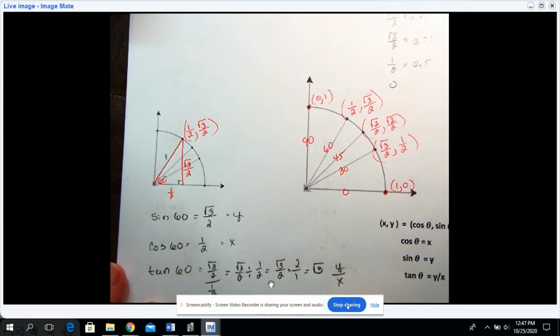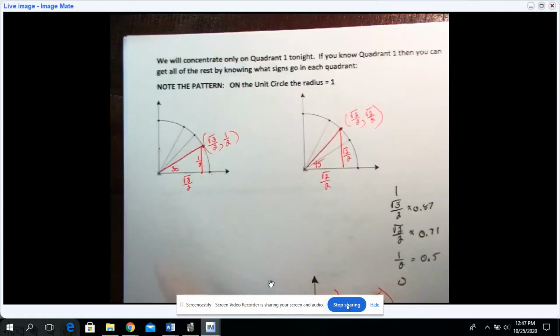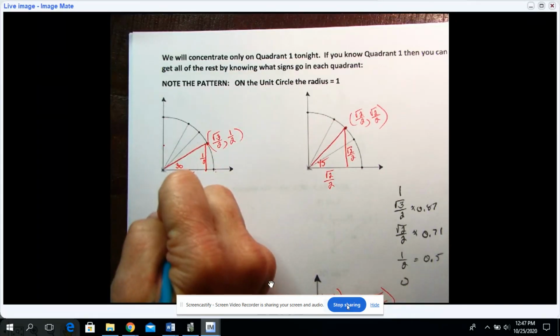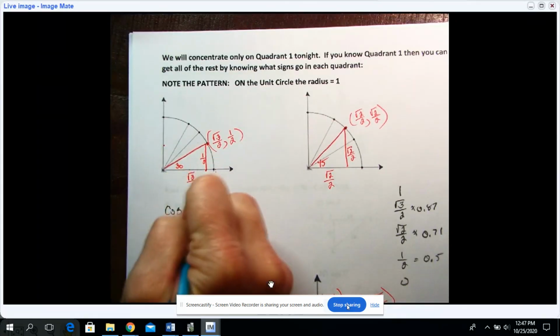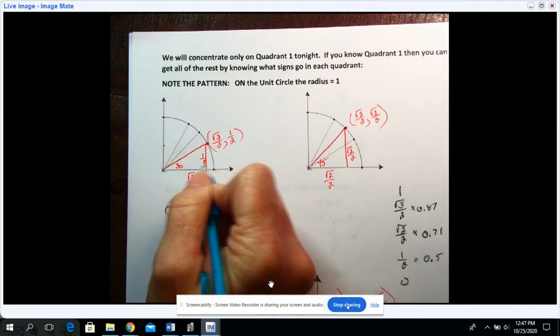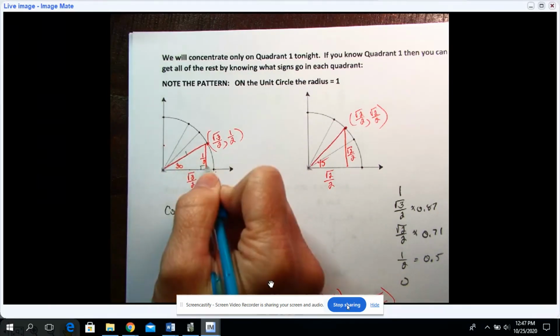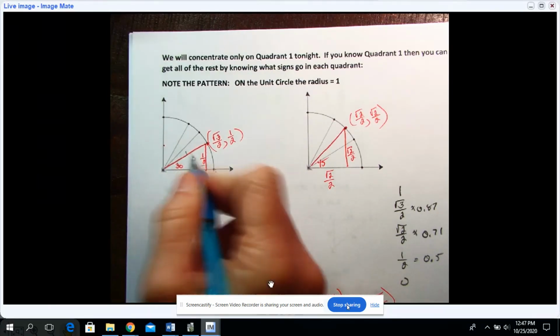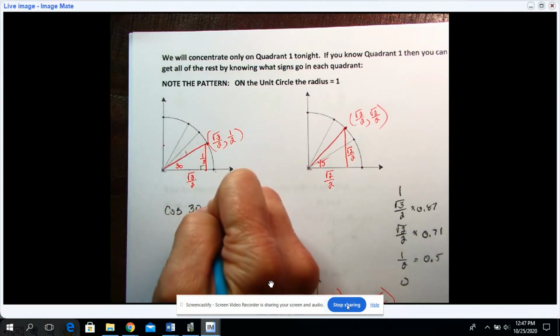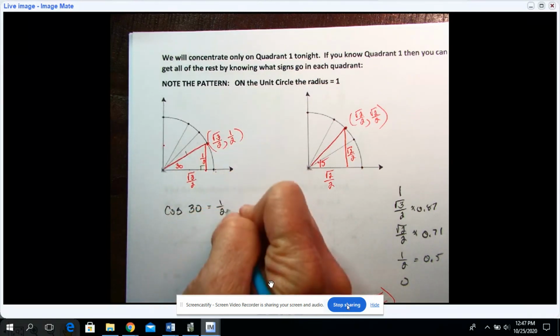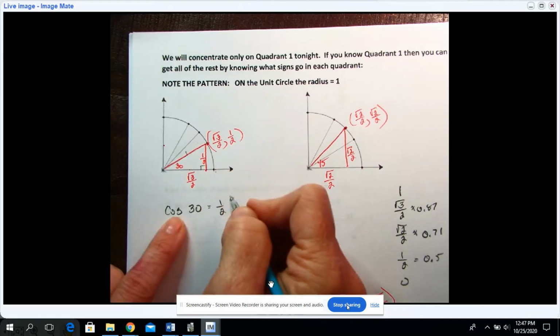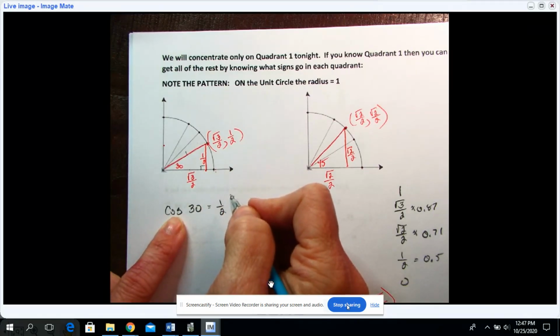So they all have a relationship here. The same thing up here, just really quick, if I was to say the cosine of 30, if this is your right angle and that's 1, the cosine would be opposite over hypotenuse, which is 1/2 over 1.